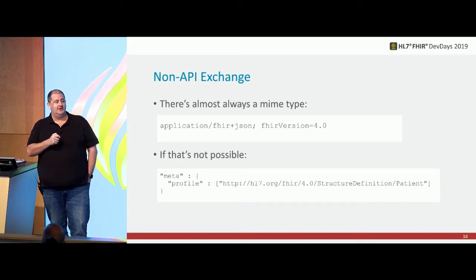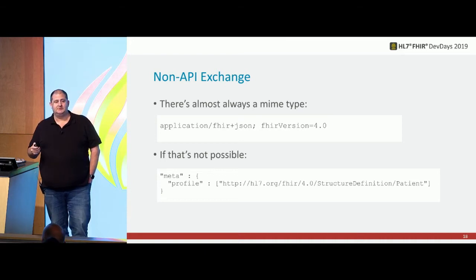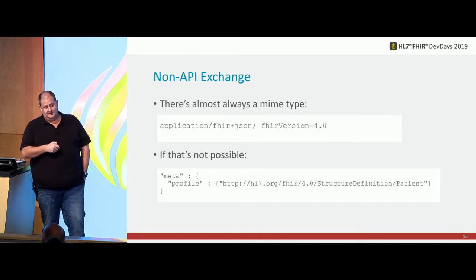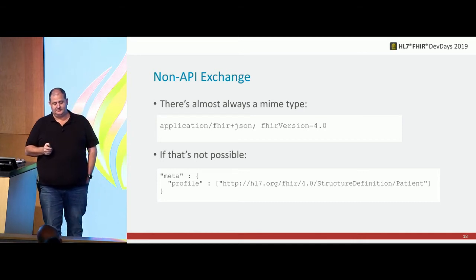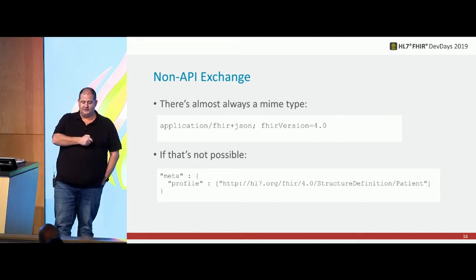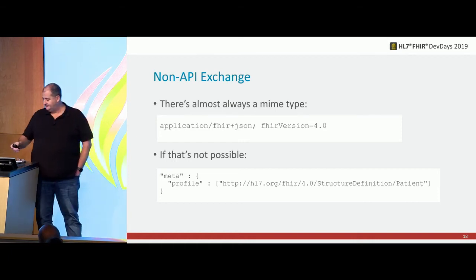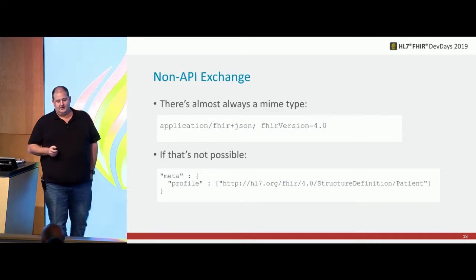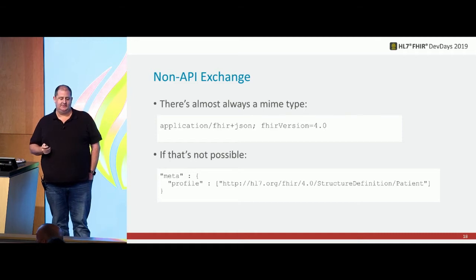So you could make multiple claims for multiple versions, since that's quite possible. But that's the standard format that we've described for a claim that a resource conforms to a particular version. And if you try, you'll find that that resolves to the correct structure definition if you actually use that URL. So that's all the exchange frameworks that we have.